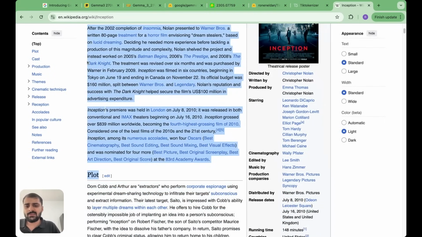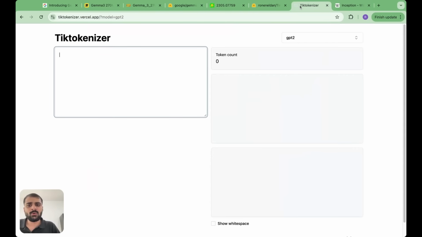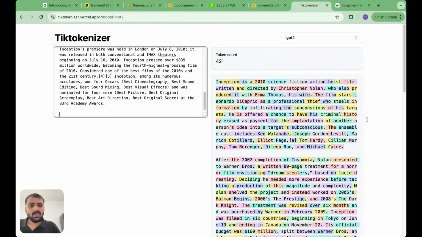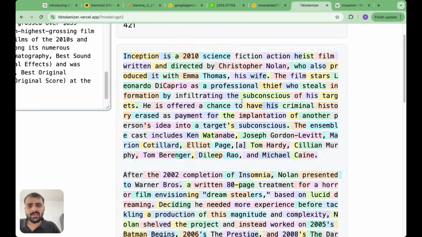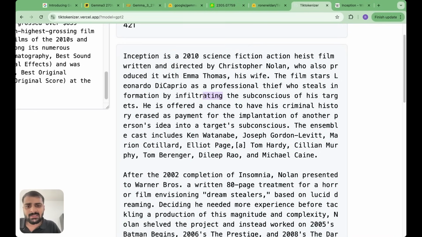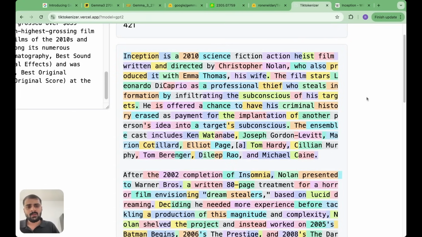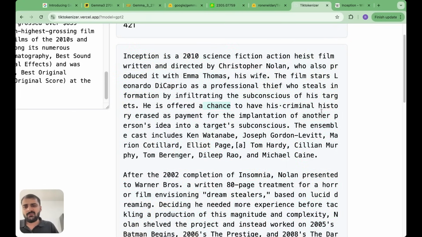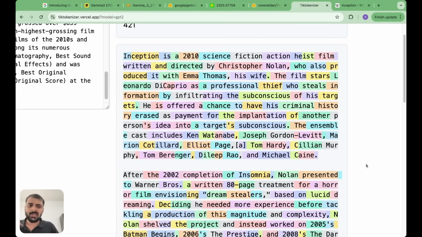I copy all of this and I paste it over here. So just take a look at the tokens over here, right? Now this infiltrating is not one full token. In fact, ating is another token, because maybe ating shows up as a suffix in many other words, and infilt is a separate token. So we don't need to have every single word in the English language as a separate token in the vocabulary.